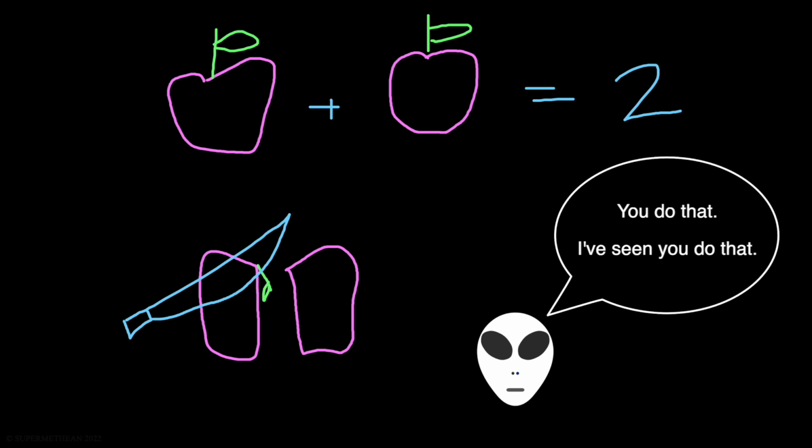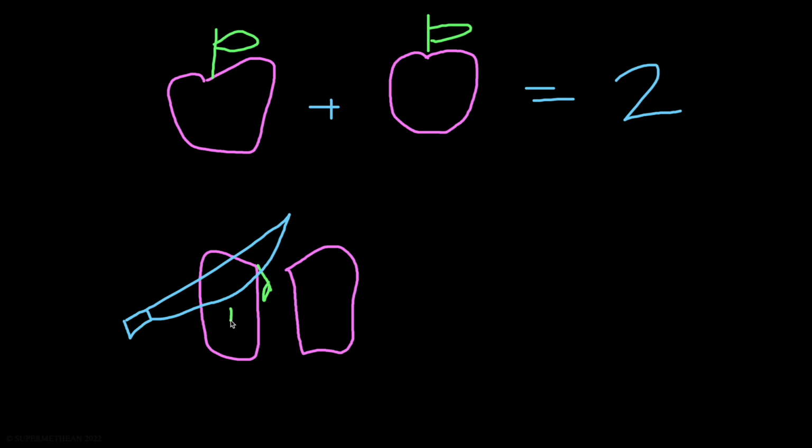Who does that? But anyway, so you cut your apple into two. What you end up with now is two different pieces. And we call each of those pieces a half. So we've got two halves that make up this whole apple.